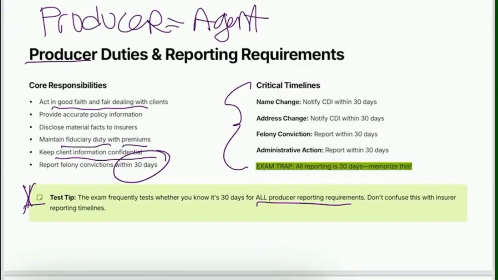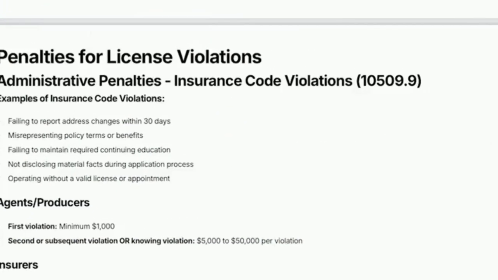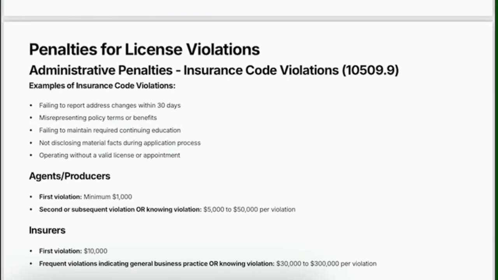Okay, so penalties for license violations. This gets a little confusing because we have been focusing on the $5,000 for non-willful acts and $10,000 for willful.